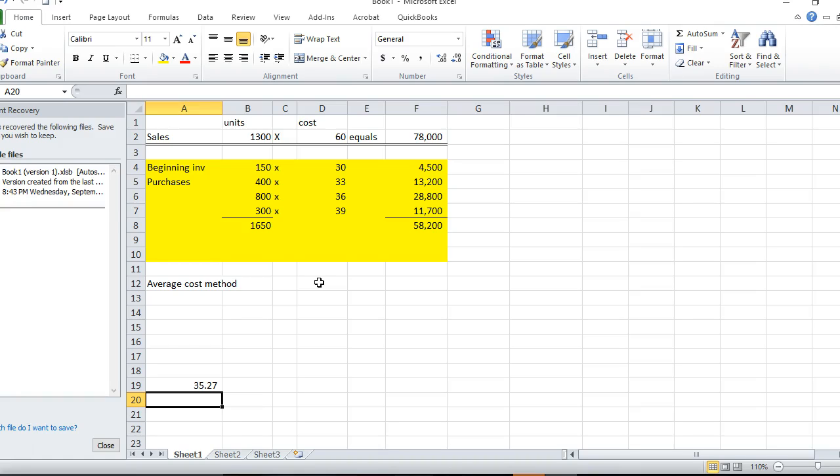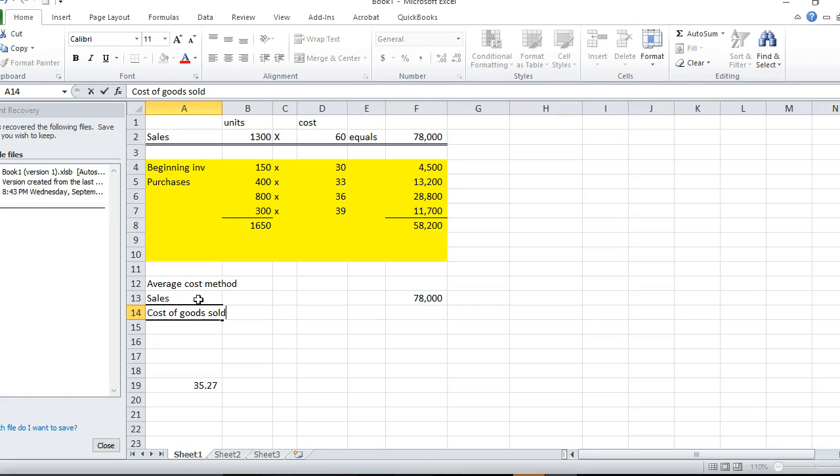So if we create, under the periodic system, an income statement by average cost method, we're going to have sales of $78,000. We're going to have cost of goods sold because we sold 1,300 units, right?